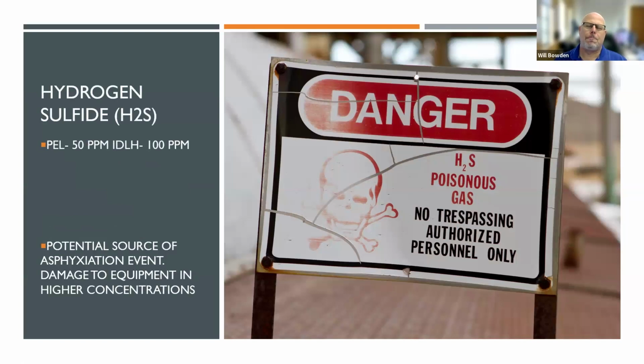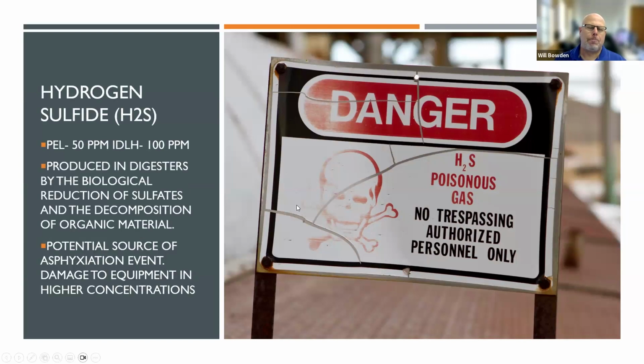Next item that we want to talk about is hydrogen sulfide, or as everybody calls it, H2S. The personal exposure limit for H2S is 50 ppm, and the IDLH is 100 ppm. H2S is typically produced in digesters by biological reduction of sulfates and decomposition of organic material.